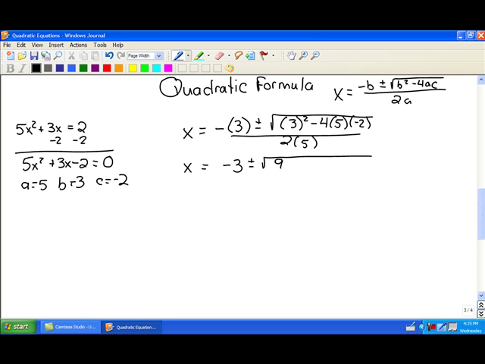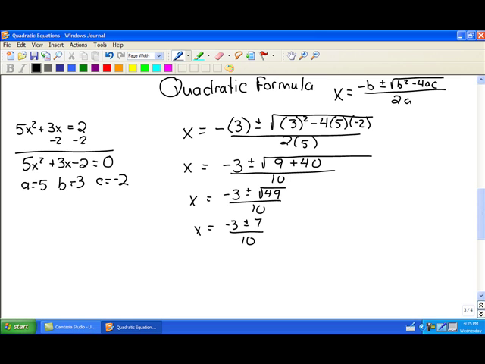Look at your multiplication. Negative 4 times 5 is negative 20. Negative 20 times a negative 2 is going to be a positive 40. All put over 2 times 5, or 10. Cleaning up again, that's going to give me x equals negative 3 plus or minus the square root of 49, all over 10. Well, we all know that the square root of 49 is equal to 7, so I'm going to clean that up to negative 3 plus or minus 7 over 10.